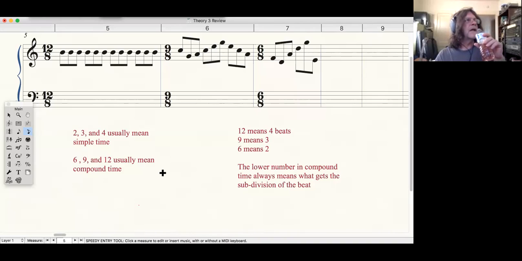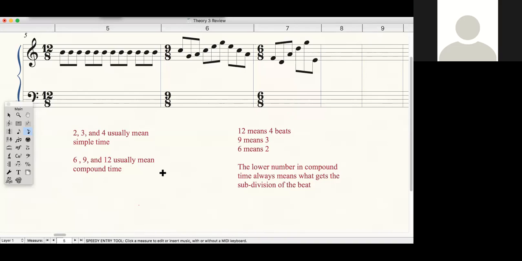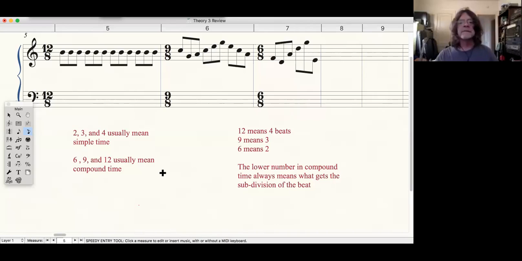Can anybody name the scale degree that is scale degree 1?